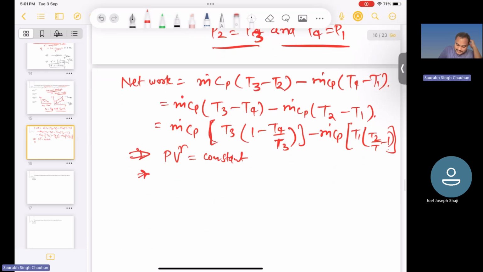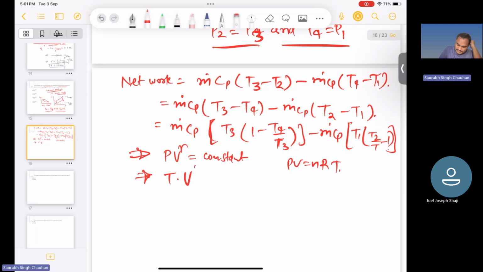If you want to write in terms of temperature, then PV is equal to nRT. So if you want to remove this pressure term, then it will become T into V to the power gamma minus 1 is equal to constant.